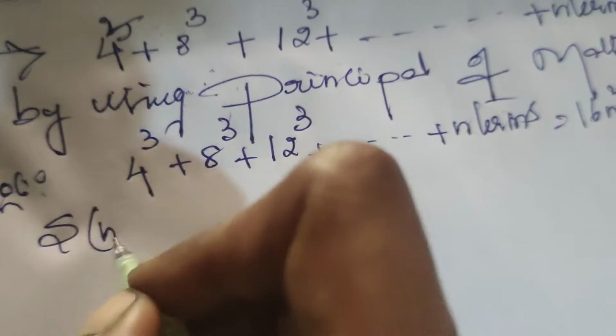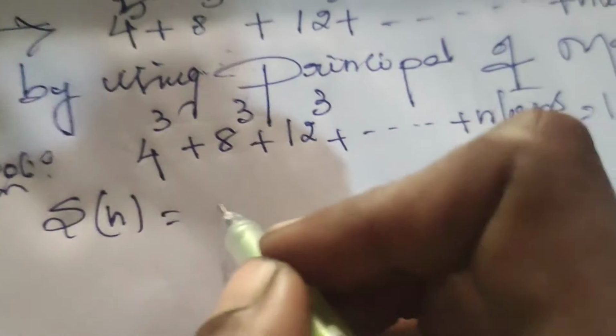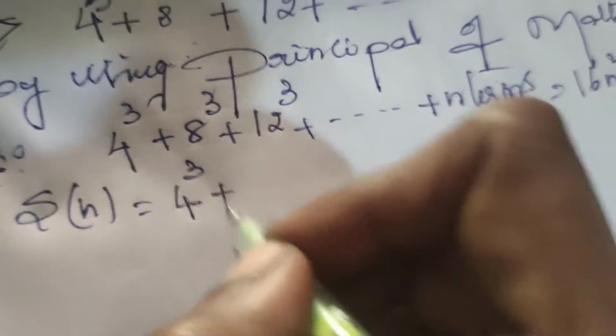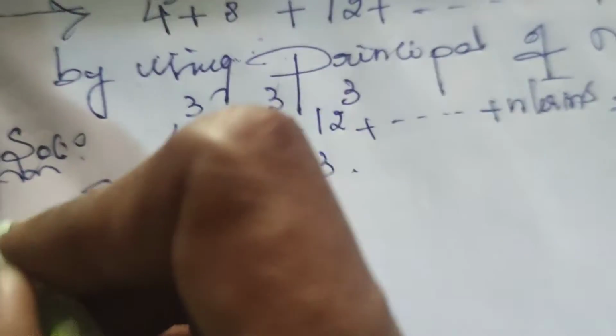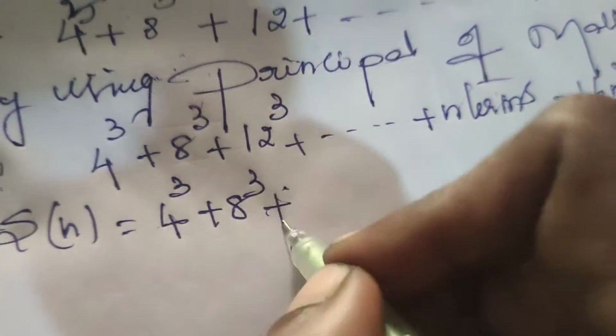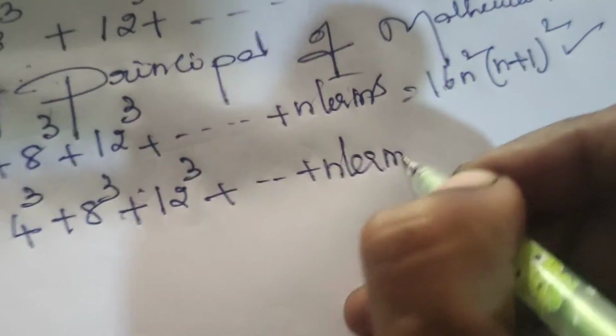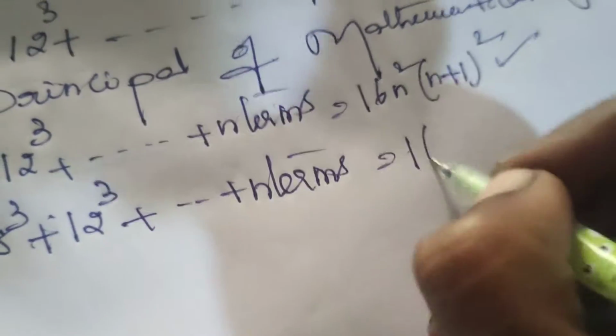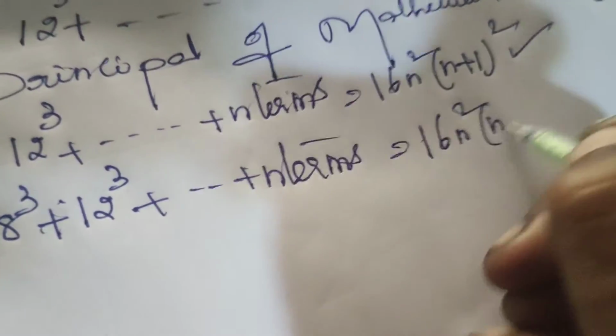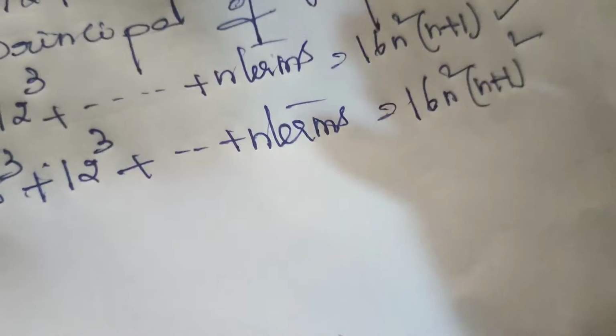Assume that the given statement is S of n, that is, S of n equals 4 cube plus 8 cube plus 12 cube plus so on plus n terms equals 16n square into n plus 1 whole square.